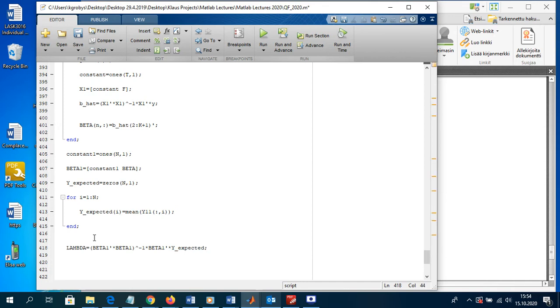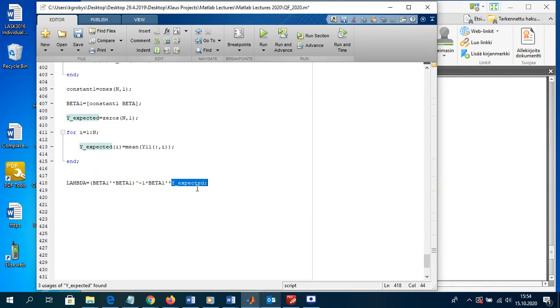So we regress our cross-sectional vector of expected returns on the corresponding beta matrix.